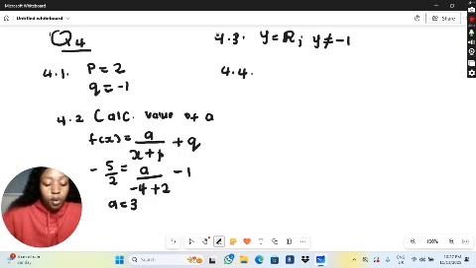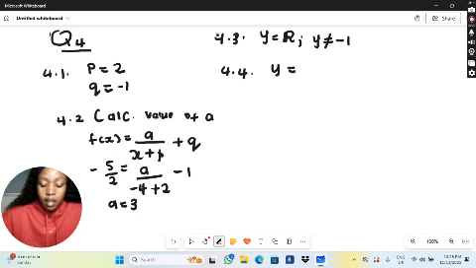Our 4.4, we have to determine the equation of the line of symmetry of f for m less than 0 in the form y is equal to. When they say in the form y is equal to, your answer will start with y is equal to.